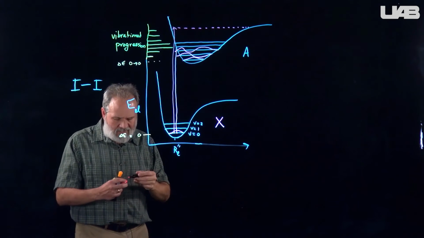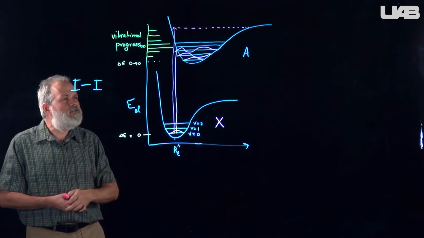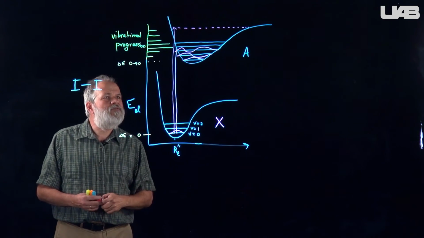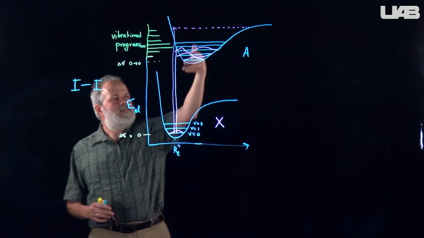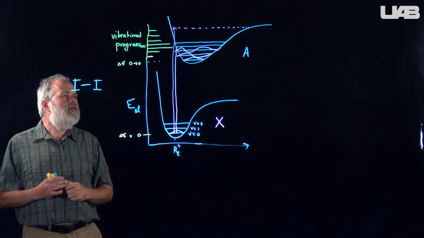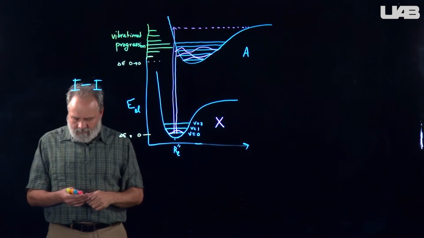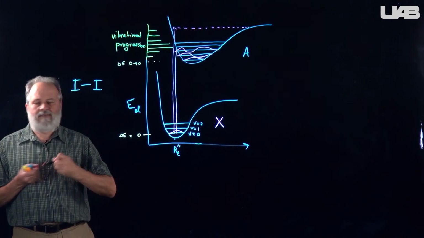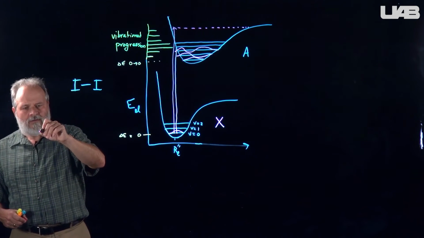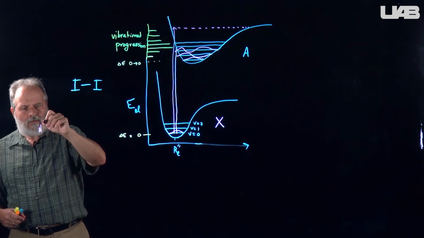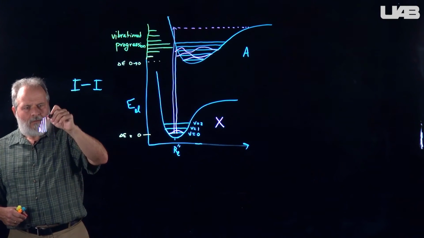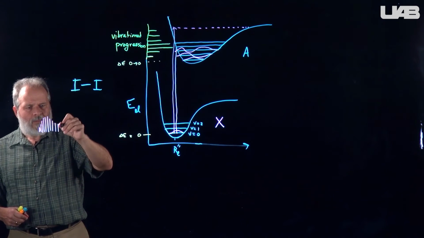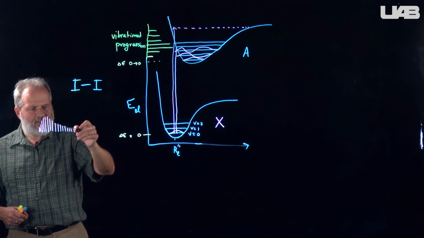That's the energy difference where you stop seeing the absorptions occur, because the excited state molecule is now completely broken apart. If you plot these as a spectrum, you see lots and lots of peaks.